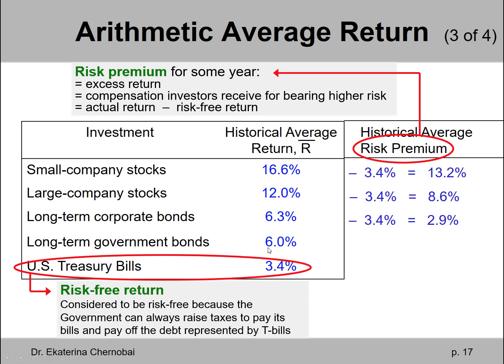For long-term government bonds, 6% historical average return minus historical average risk-free return of 3.4% gives the risk premium of 2.6%. And for the US Treasury bills, the risk premium is 0 because we are taking 3.4% and subtracting this number.